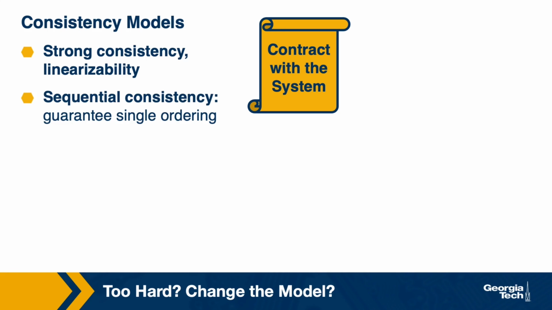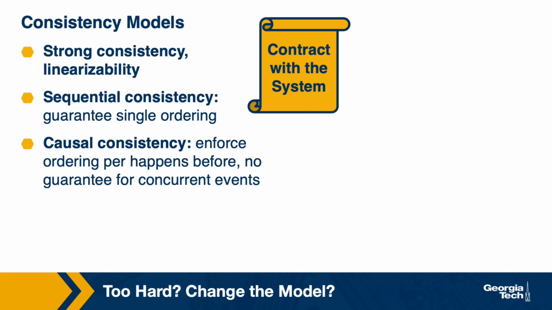We also mentioned sequential consistency, which guarantees that a single ordering of all of the writes in the system will be seen by all of the participants, but that this ordering is not necessarily going to be one that matches the real one. Causal consistency is a model which guarantees that the ordering of the updates will be enforced only for those operations which are related with the happens before relationships.